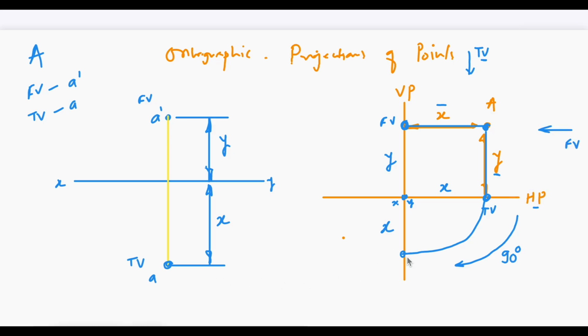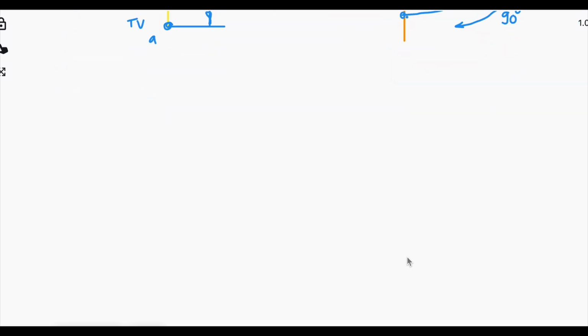Now consider there is a point B located in the second quadrant. This distance is x and this distance is y. This is our horizontal plane, this is vertical plane, and intersection of those two, xy line.